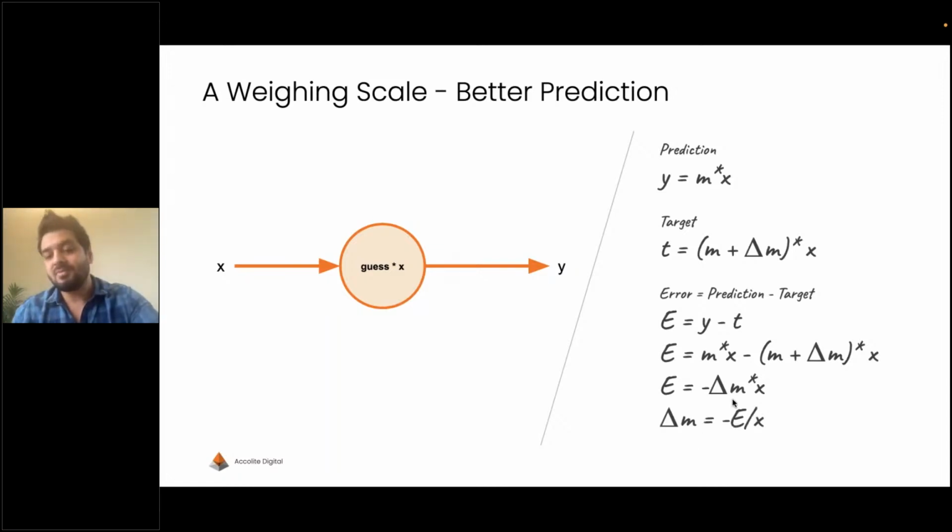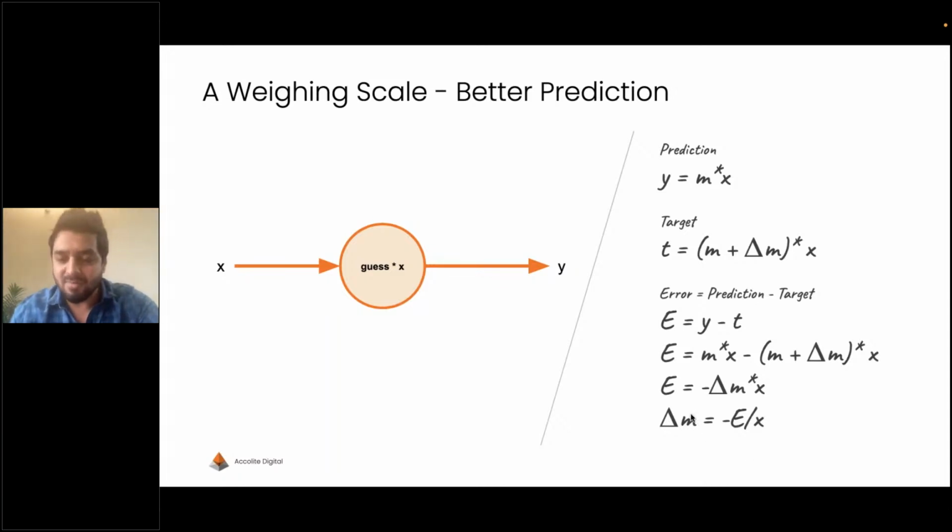If we rearrange that, we get delta m is equal to negative error divided by x. At this point, you could say I could have done target minus prediction and the negative sign would have gone away. But I'm using prediction minus target because it relates remotely to how derivatives are done later on in calculus.